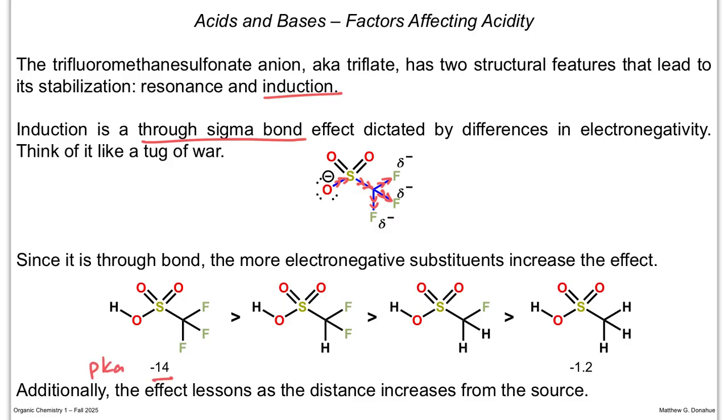If they're all hydrogens, it's -2. So really what we're doing is taking an H, substituting an F, then 2, then 3. So the more of those you put on there, the more the acidity increases.